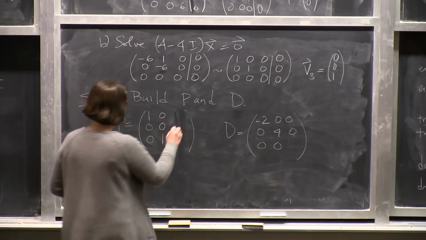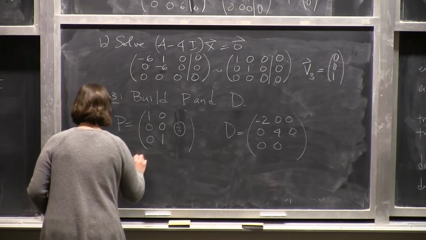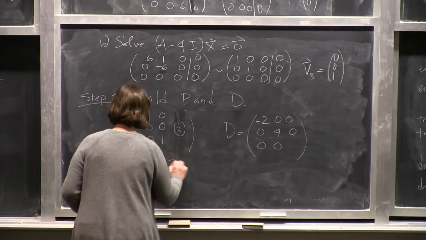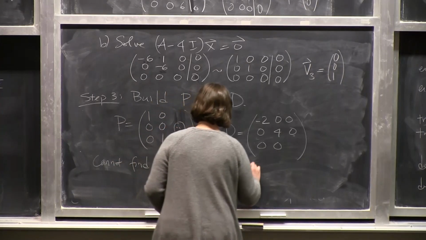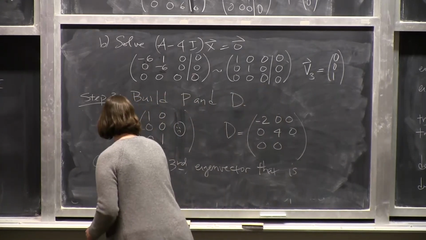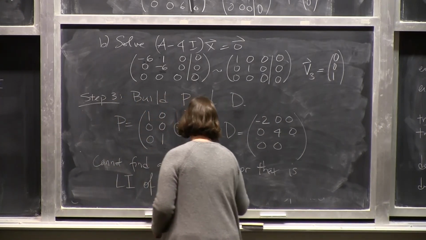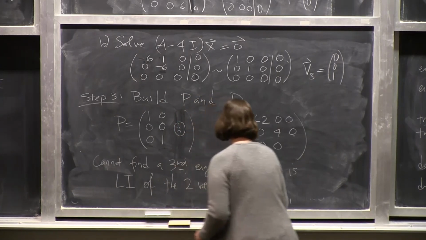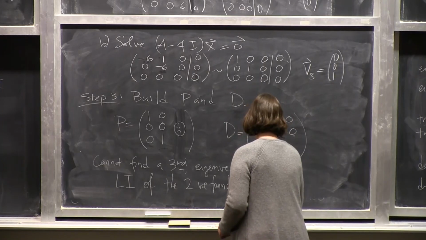No. Cannot find a third eigenvector that is linearly independent of the 2 we found. A is not diagonalizable.